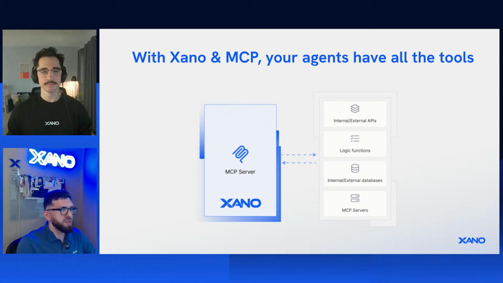But MCP servers can run a variety of different types of tools. Right now, the majority of them are either running internal or external APIs, which you can build out easily on Xano. And then there are others that can run functions or execute certain types of logic or complete workflows.